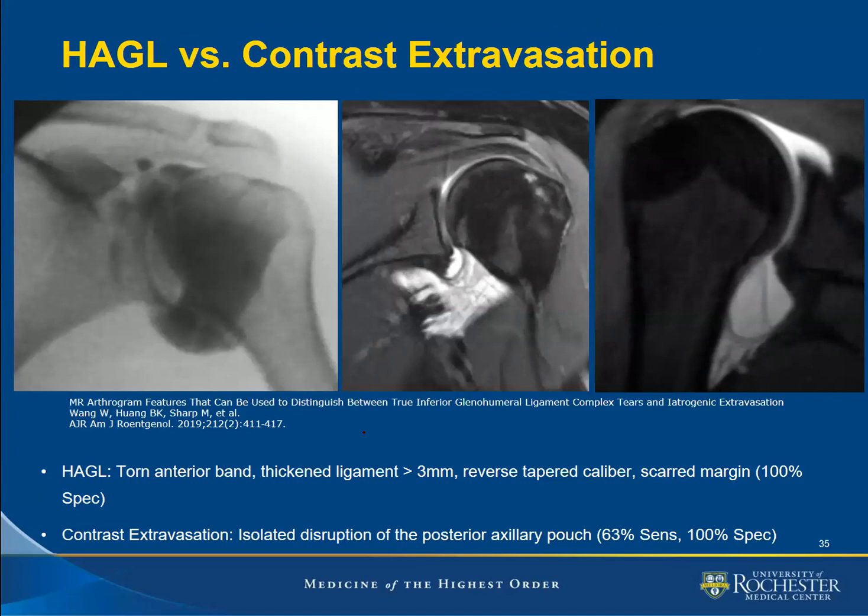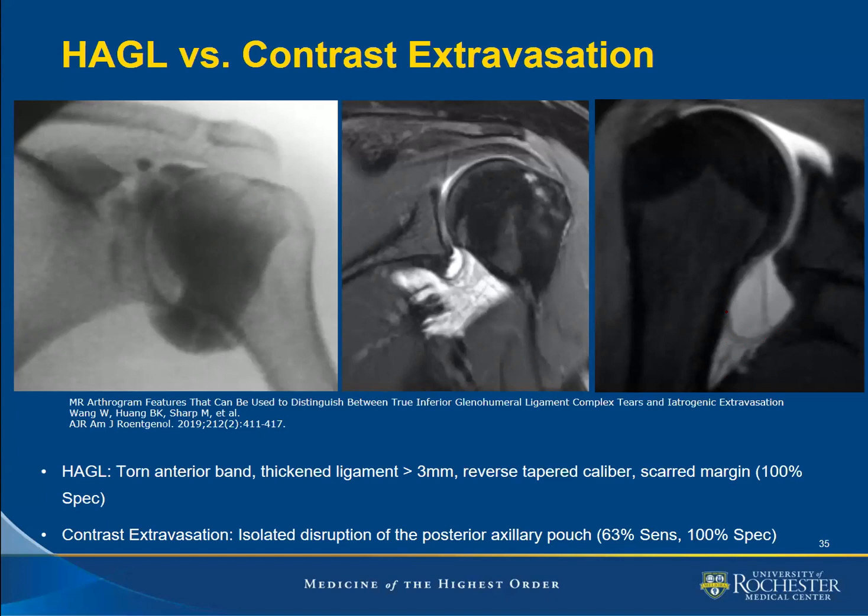So the question will come up then, how do you distinguish a GAGL from contrast extravasation? So you'll do an arthrogram on a patient, and the arthrogram will look normal while you're in the room. And then the patient will later go on to get an MRI. And while you're looking at the MRIs, in some patients, usually young female patients, or patients who may have had a pre-existing joint effusion where you've over-distended the joint, you'll see contrast leaking inferior to the axillary pouch.